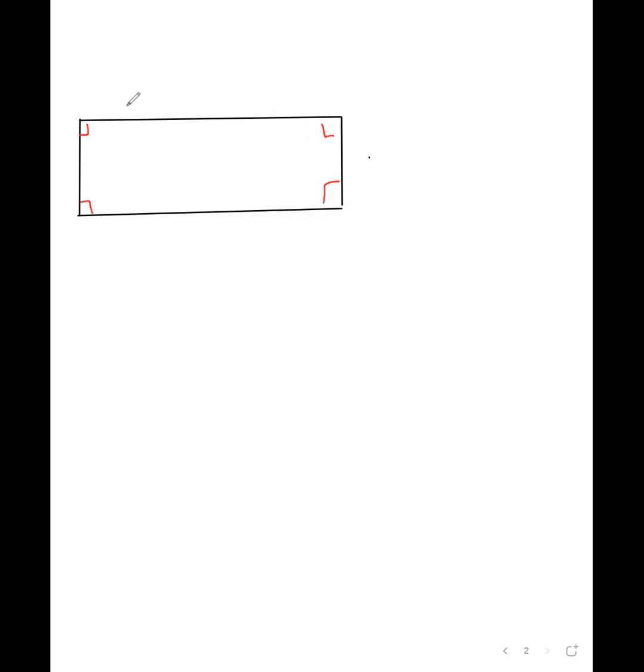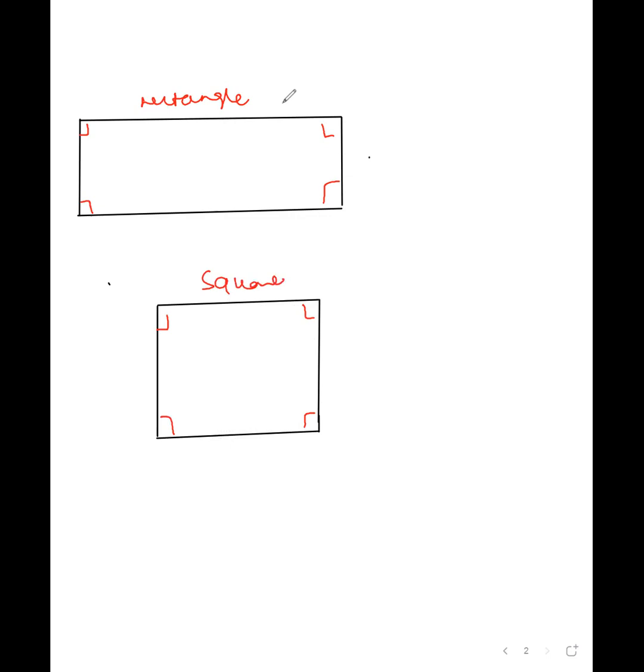A square is the one where all the sides are also equal and the angles are also 90 degrees. However, a rhombus is a shape in which the angles are not 90 degrees, but all the sides are equal.